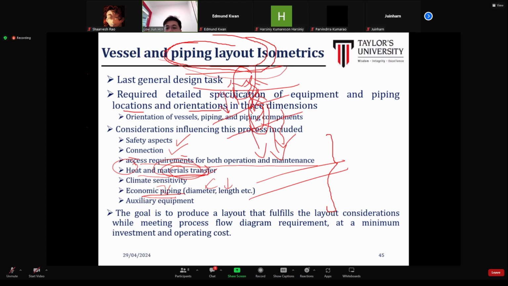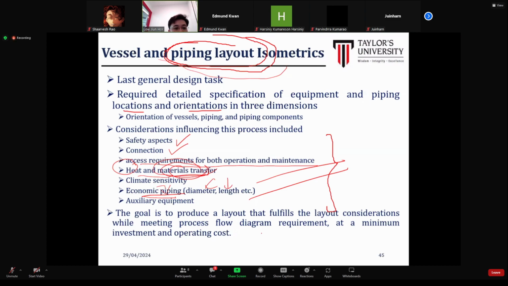It will also influence the location and the orientation of the pipeline that we are going to install in the chemical plant. Basically, these are all the considerations you need to consider in order to come up with a complete and logical piping layout.